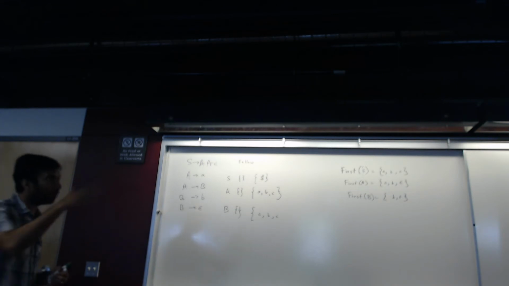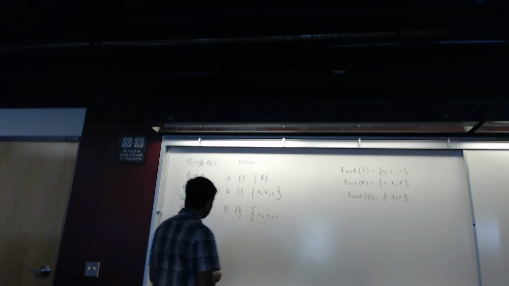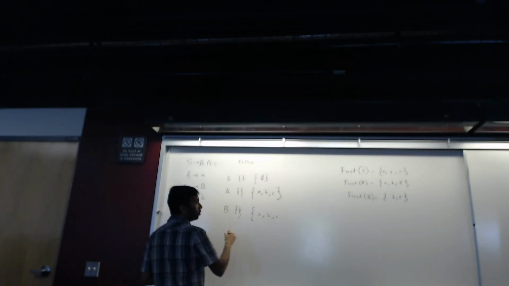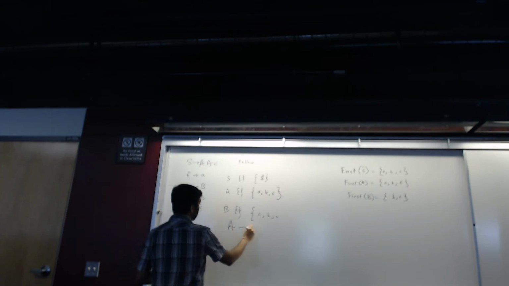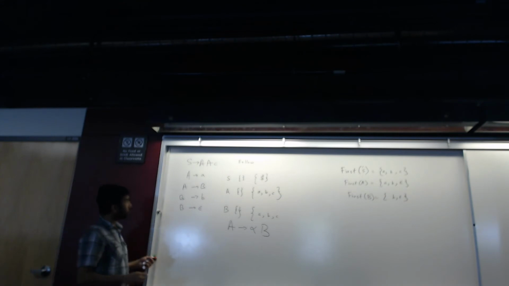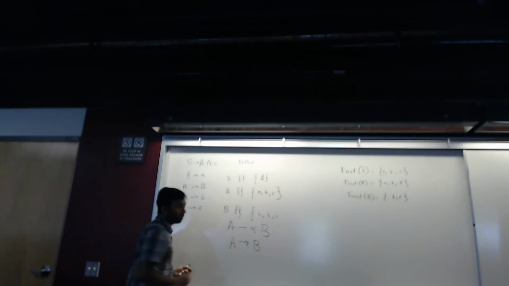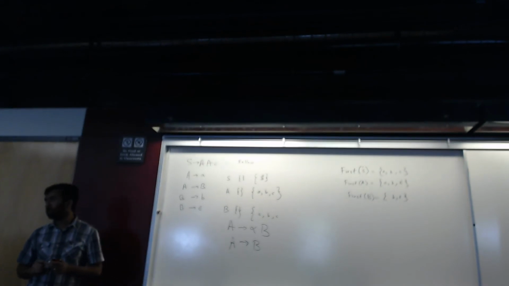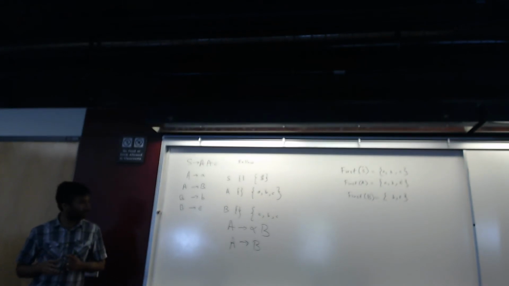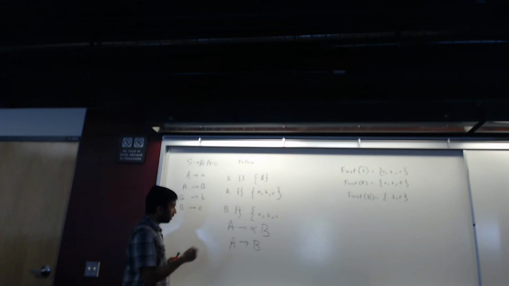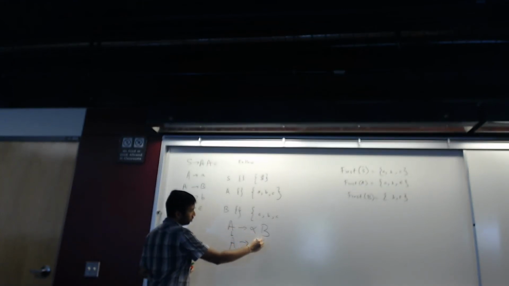Yes. So how do we apply rule 2? We are trying to apply rule 2, which is A goes to alpha B. Right? This is the rule we are trying to apply, to the production rule A goes to B. So how we can apply it is A goes to A, B goes to B, and alpha goes to the empty string epsilon.